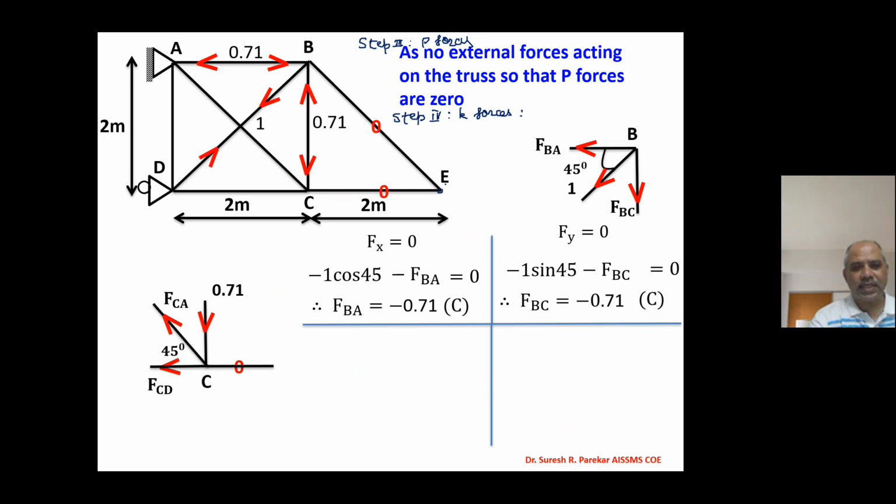Then we go to joint C and apply summation Fy equal to 0. From this we get FCA as 1, which is positive, so tensile.